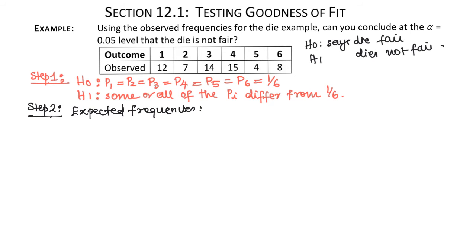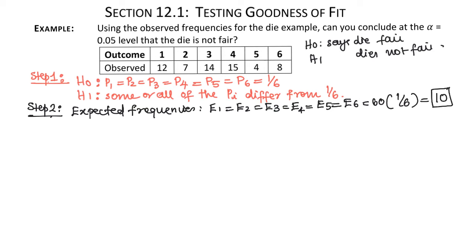Step 2, compute the expected frequencies. We computed the expected frequencies in the previous example. We found E1, E2, E3 and so on, all by 60 times 1/6, which equals 10. That is greater than 5, so we can proceed.